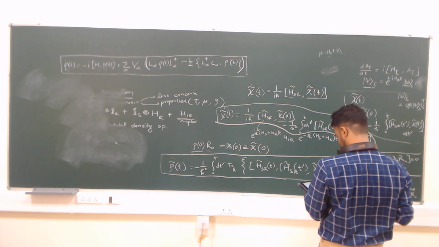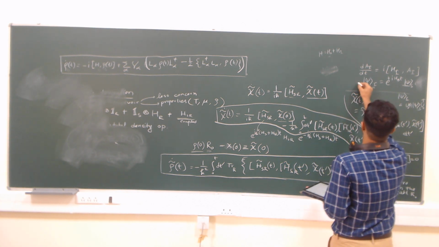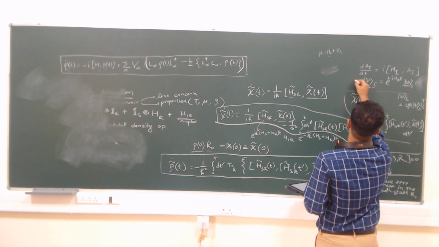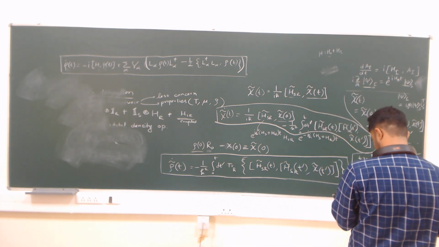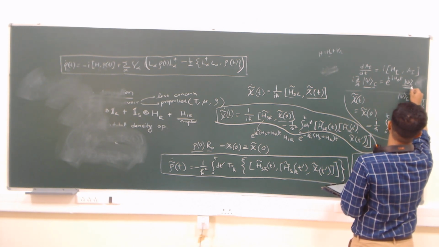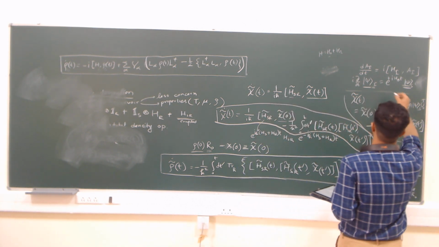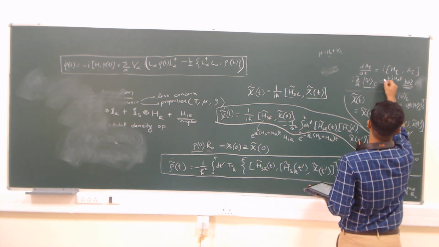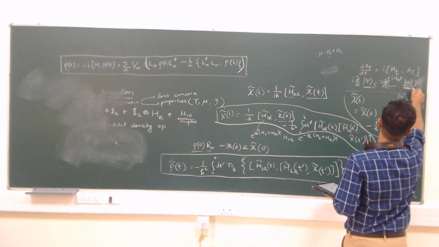If you take i d/dt of this, because this evolves in terms of the full Hamiltonian, the Schrodinger picture state, if you take i d/dt on this side as well, it will act on this and this.